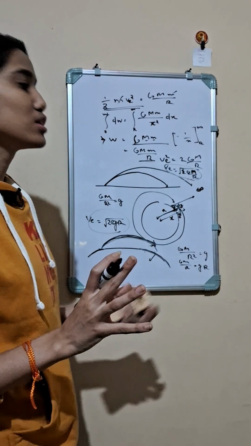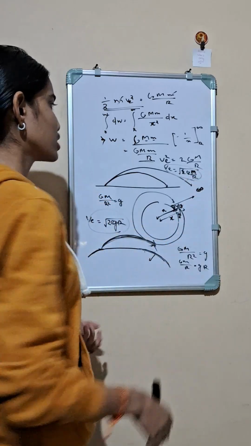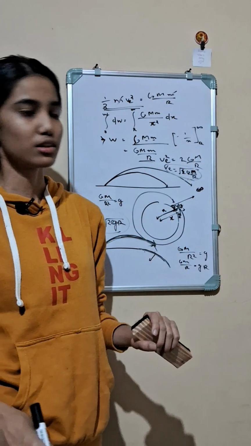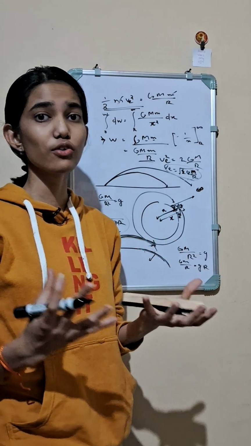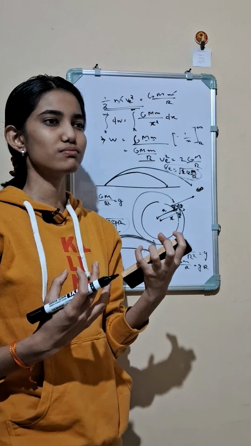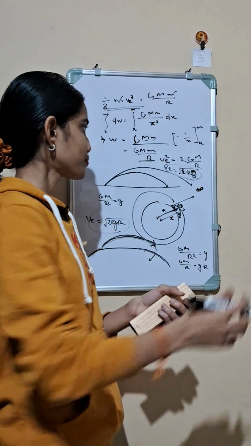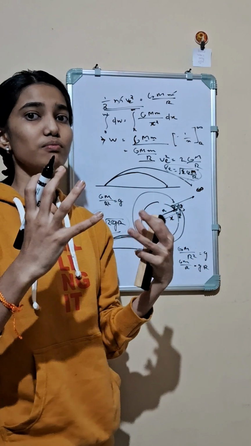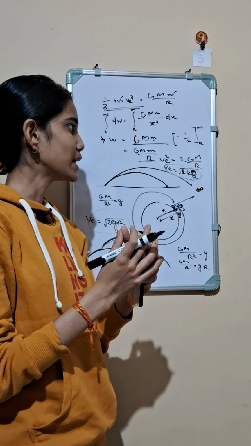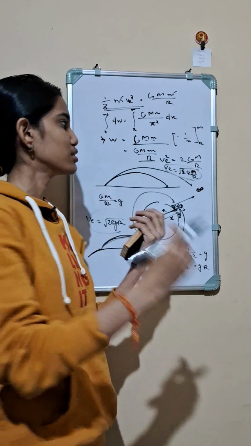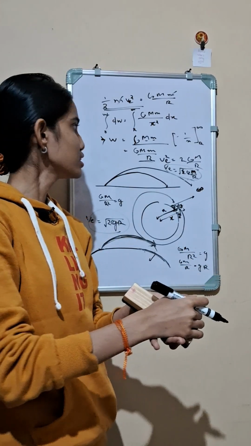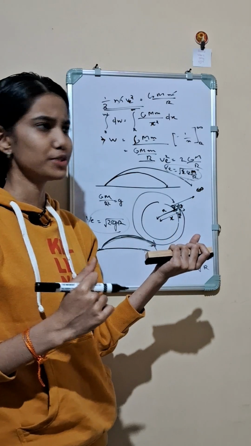And from this equation we can see that the velocity is dependent upon the mass. A heavier planet will have a higher escape velocity, meaning it will require a much higher velocity to escape from a heavy planet such as Jupiter, but a lower velocity to escape from a small planet like Mercury.